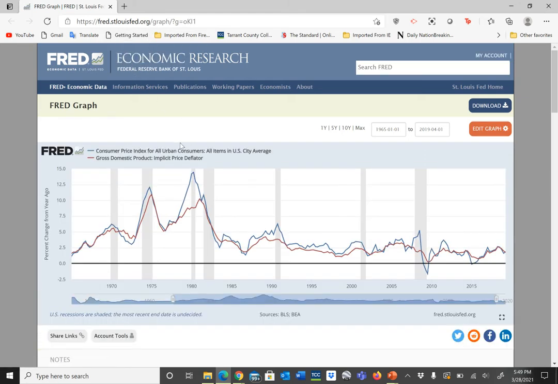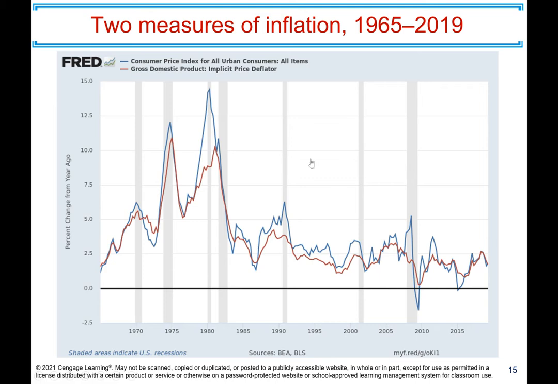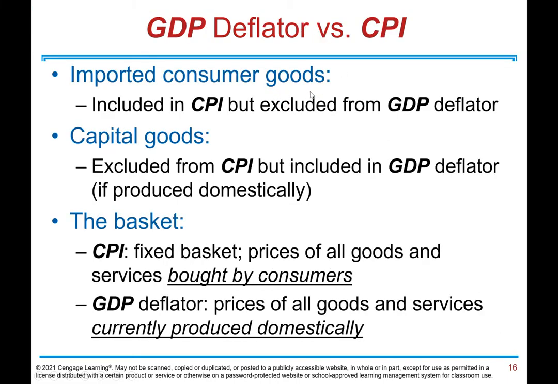That is the graph that shows the consumer price index as it moves along with the gross domestic product. The GDP deflator versus CPI: imported consumer goods are included in CPI but excluded from the GDP deflator.